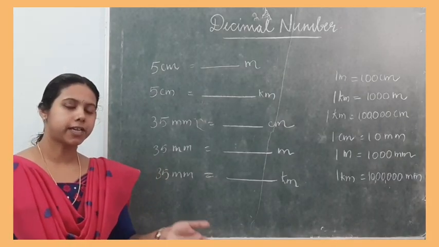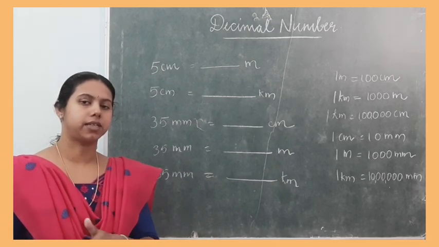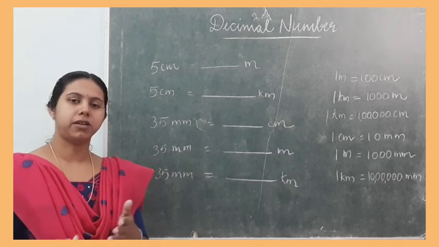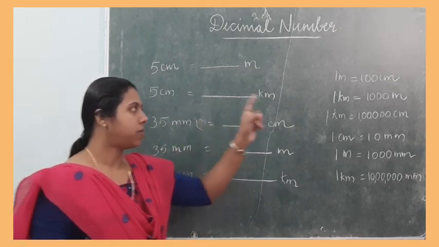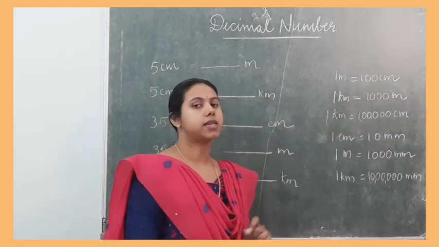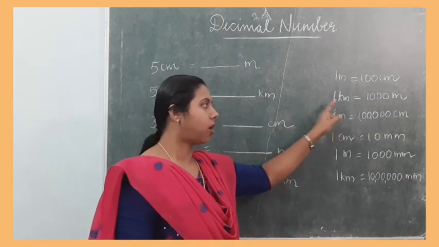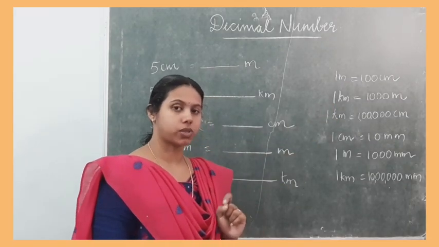Now when you're converting centimeter to meter, centimeter to kilometer, millimeter to centimeter, we know the basic units. 1 meter is equal to 100 centimeter, 1 kilometer is equal to 1000 meter.